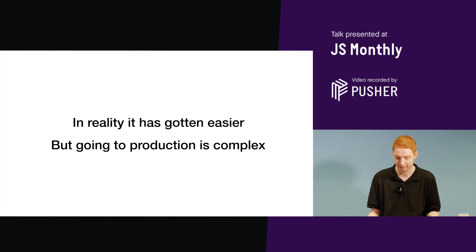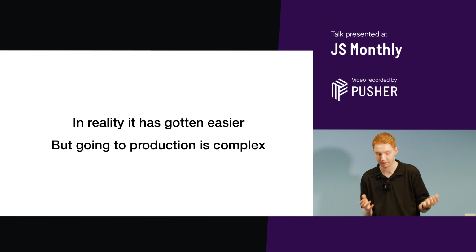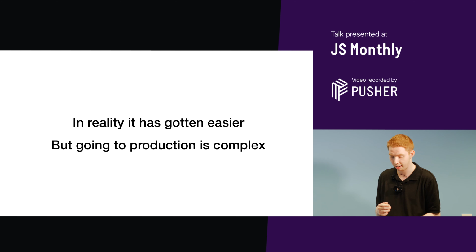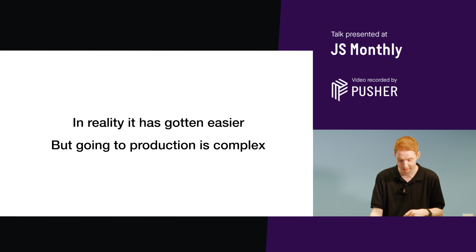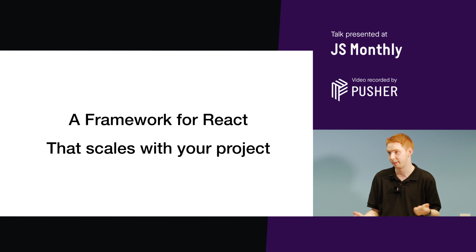And in reality, it's gotten a lot easier through tooling and all these other things that the React team has been doing, and you have dev tools and really good visibility into what's going on. You have React hooks now, which everyone loves. But going to production is still really complex.